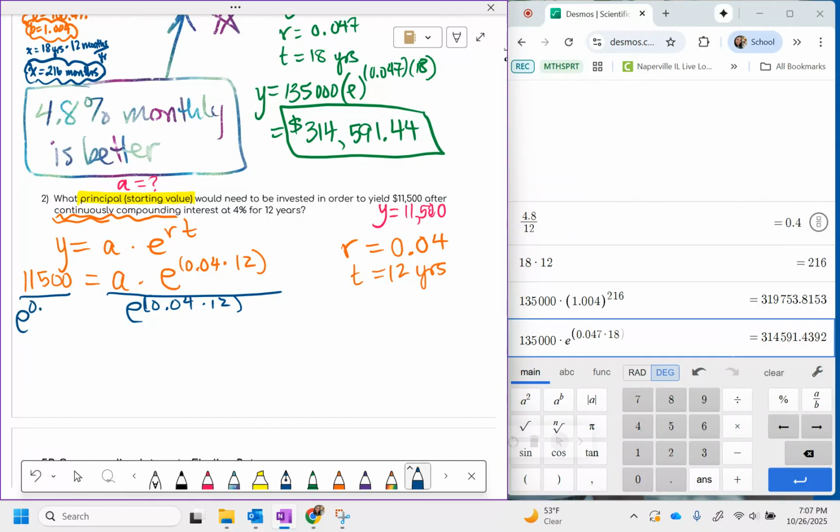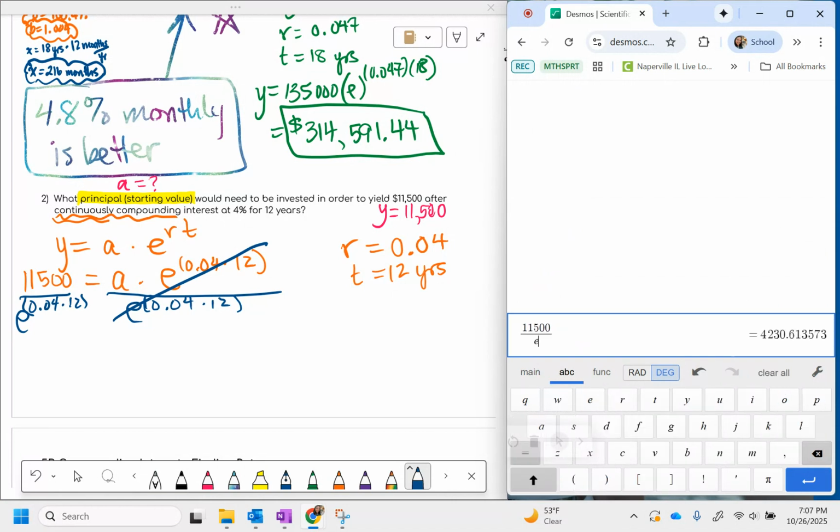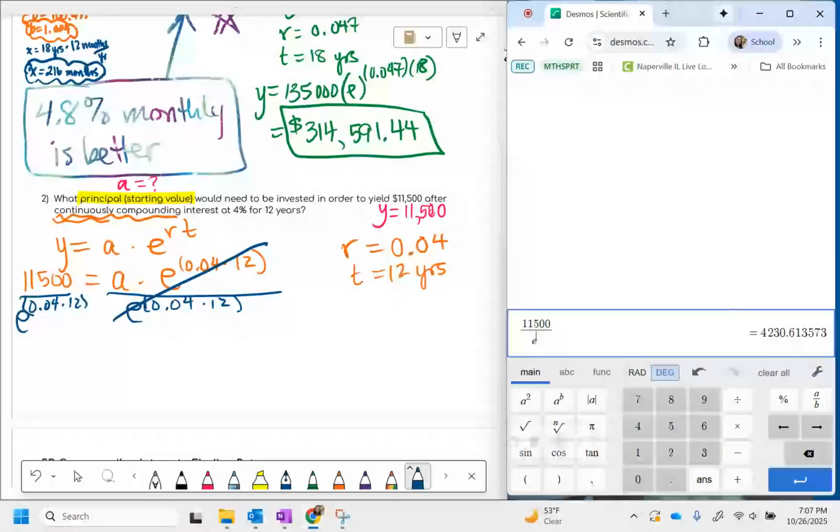So e to the 0.04 times 12. And so then I will have my a alone. So let's clear everything out. So I have 11,500 divided by e raised to the 0.04 times 12.